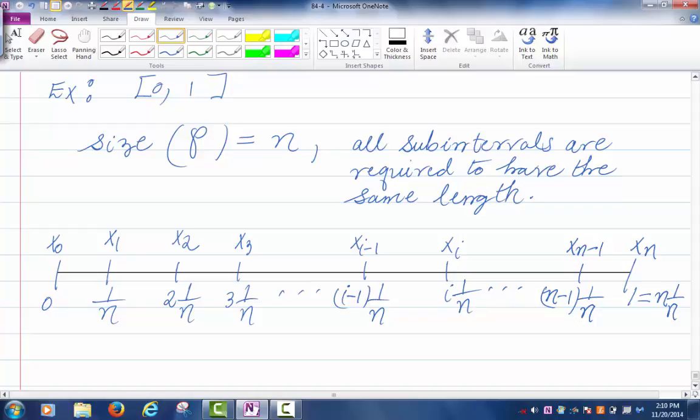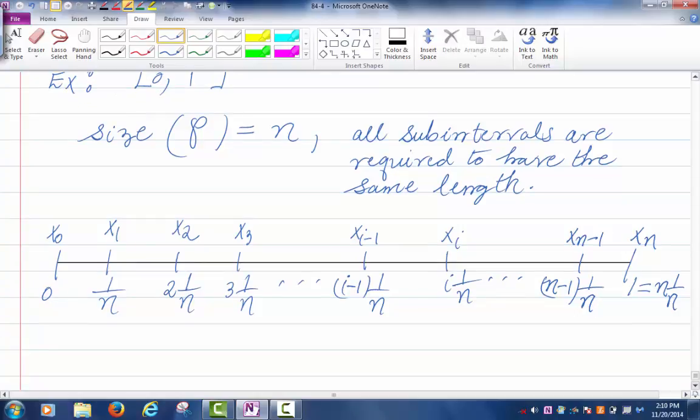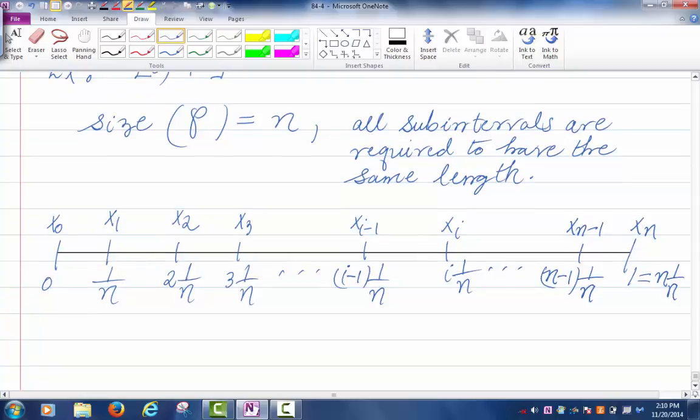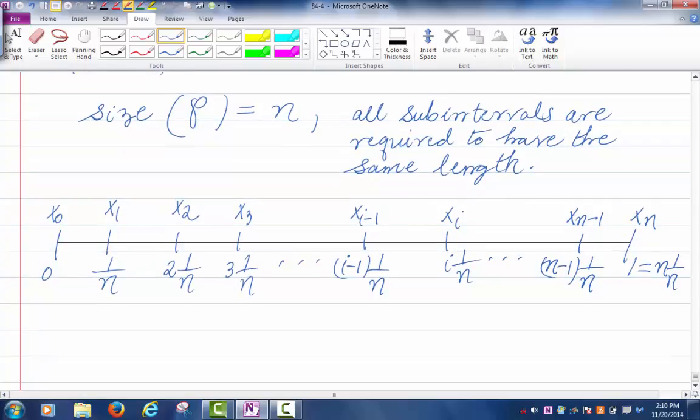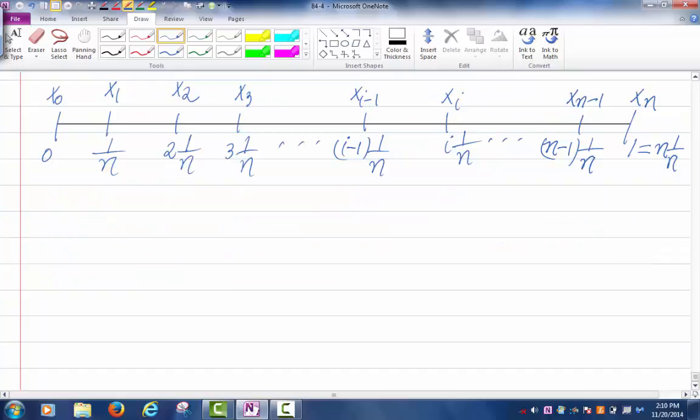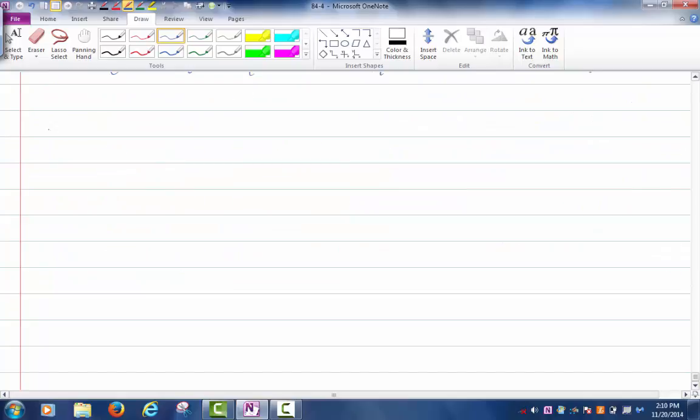Well, let's pick another interval, and we want to do the same thing but with another interval, and it's going to change the problem quite a bit. So let's say I have the interval from 2 to 5.